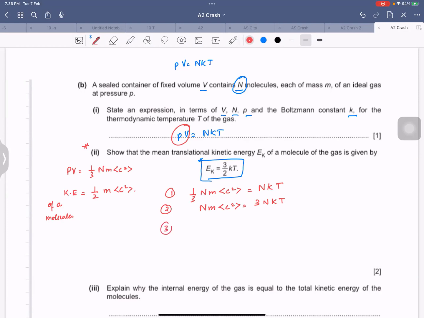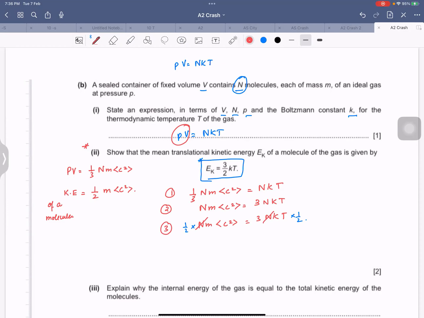Now in step 3, what I'm going to do is I'm going to multiply both sides with a half. So if I multiply half on this side and half on this side, would it matter? Both sides have n, so you can cancel n out.